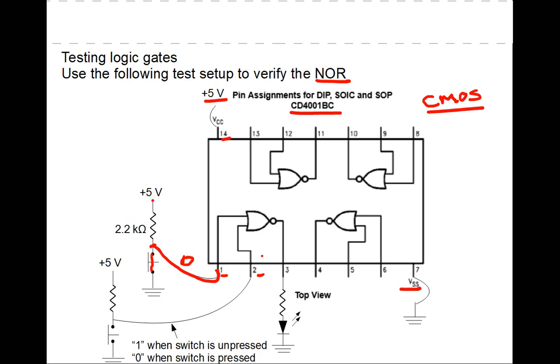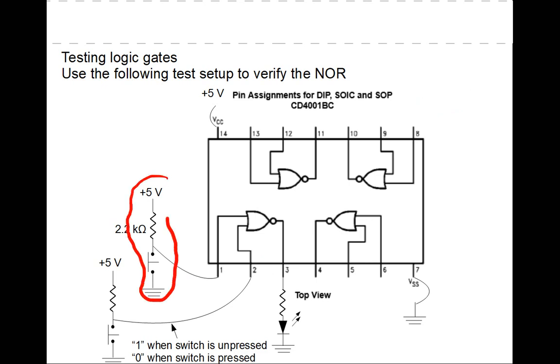We need 2 of them because we have 2 inputs, so we have one of them right here. One button controls one input and the other button controls the other input. So you can simply go through and press the buttons, and you can build a truth table by watching the LED.